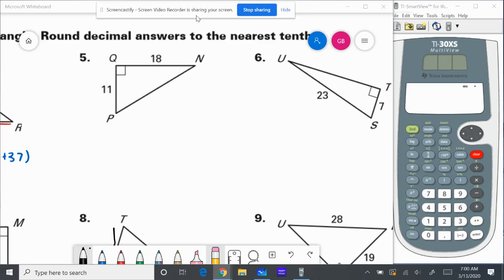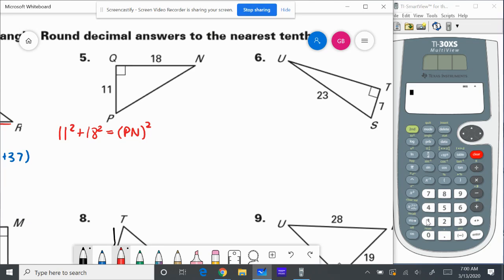Okay, number 5. Let's start with finding the hypotenuse, and we can use the Pythagorean theorem for that. So 11 squared plus 18 squared is equal to PN squared.